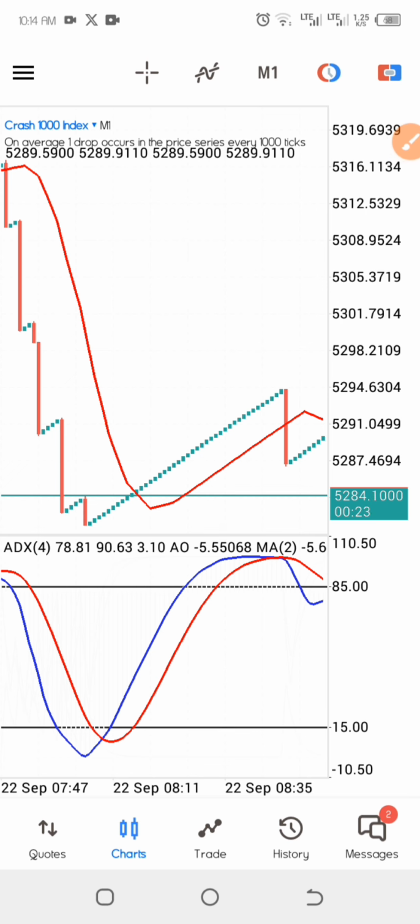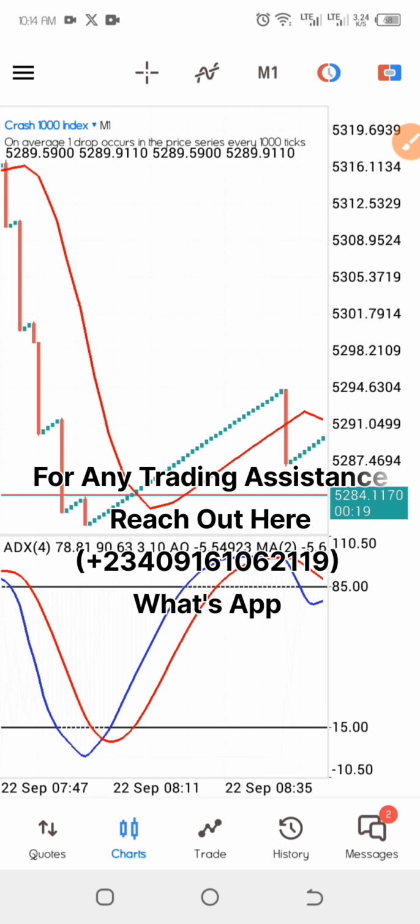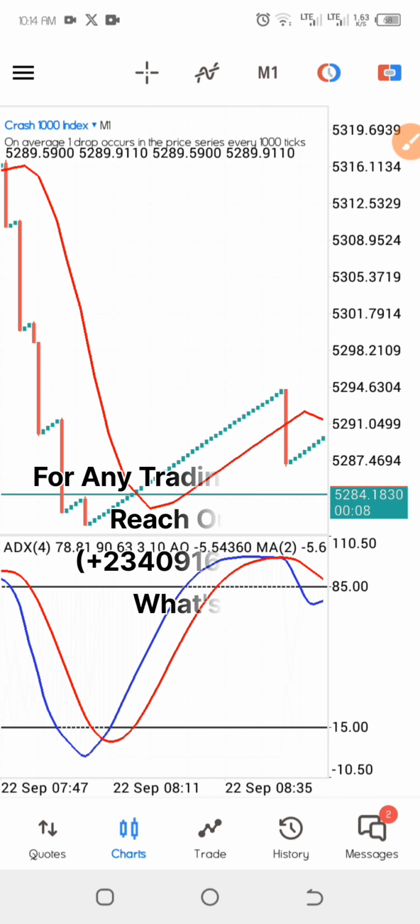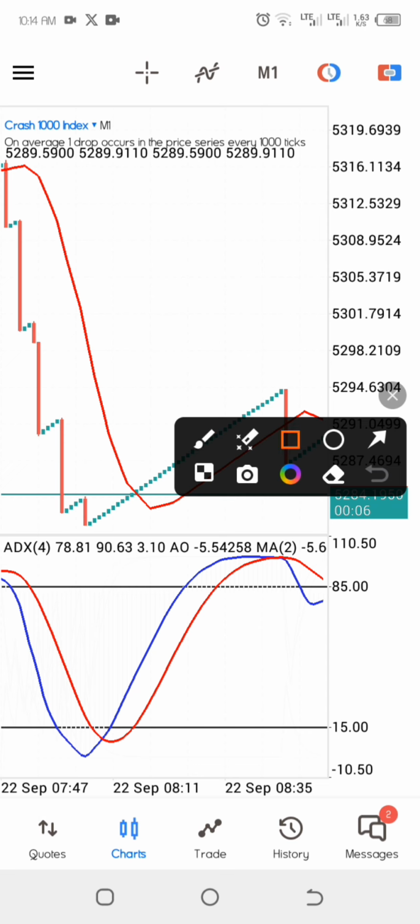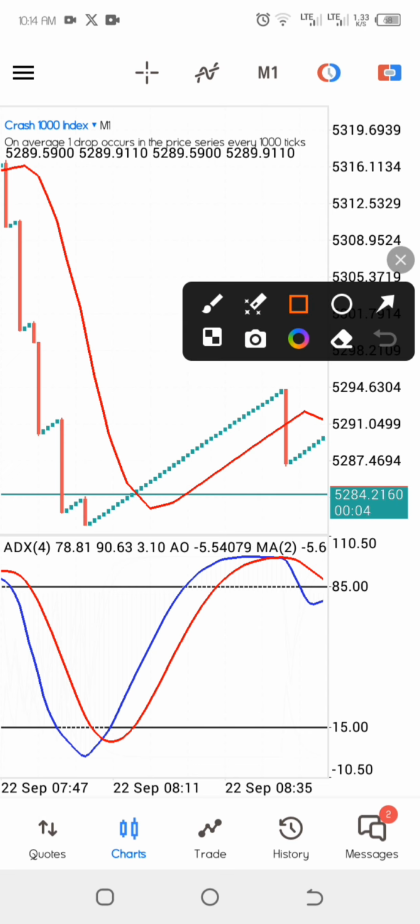So what are the things that you need to see before you take any trade with this strategy? I'm talking about the confirmation and the patterns that you want to see before you take any trade. Firstly, I like to make sure that the two moving averages are at the 15 level of the ADX.